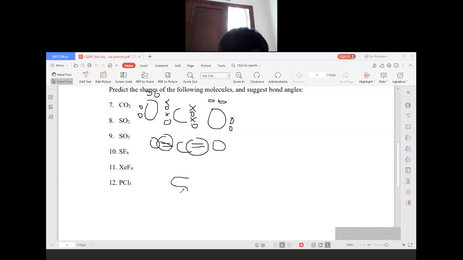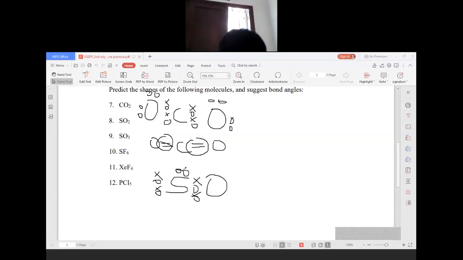S with O on each side. S has 6 electrons in the outermost shell, with 4 bond pairs and 1 lone pair.